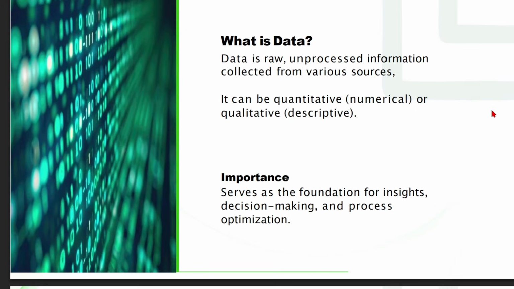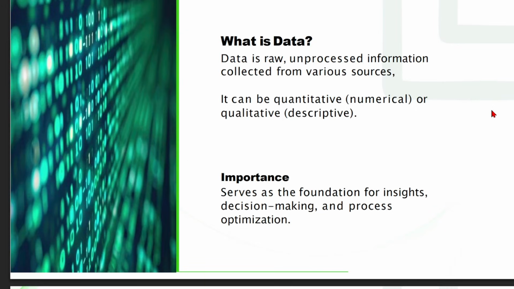What we mean by quantitative is that it is numerical, it is a number, whether with a decimal place or a whole number. Then descriptive data is qualitative. It just has some qualities, like the color, or any form of quality that you can use to describe something.